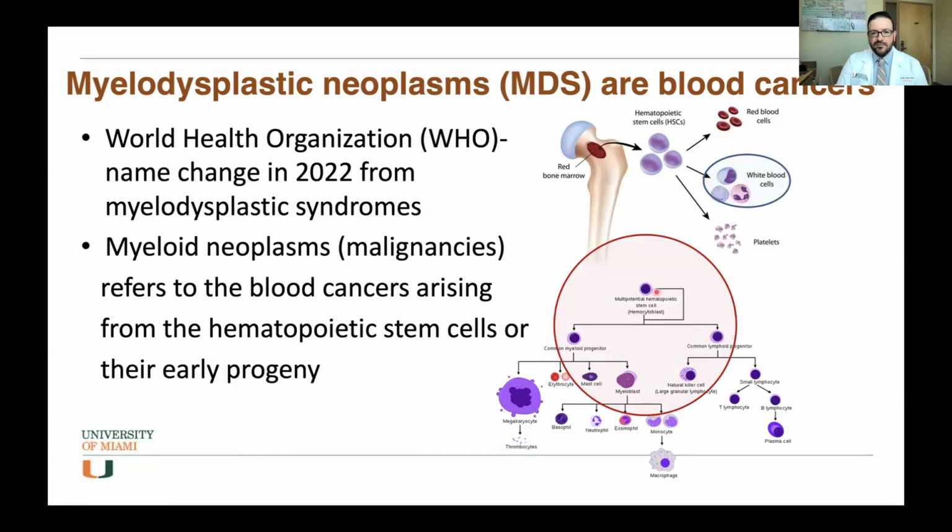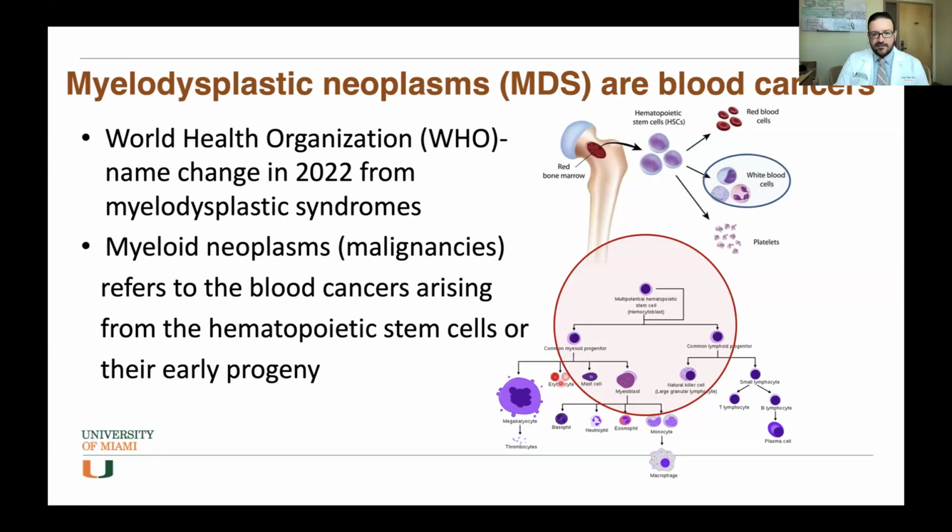I can switch to a laser pointer here so you can see I'm pointing at this cell, where if you follow down these trees, it gives rise to the lymphoid cells, which are B cells and T cells, as well as another type of lymphoid cell, and all the myeloid cells. So that's why you hear this myeloid neoplasm and words like that, as we're referring to which cell types in the blood these arise from.